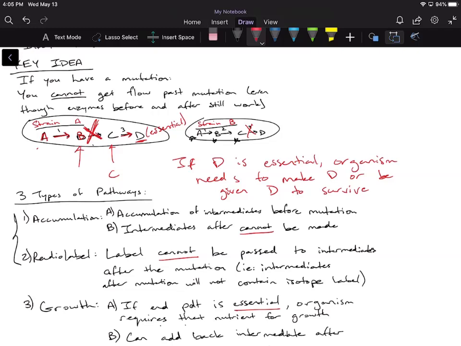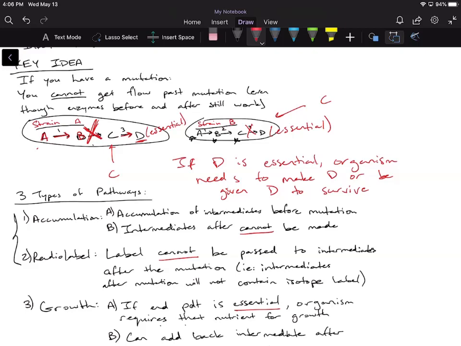Now let's compare strain A and strain B, and let's add back C. For a growth pathway, let's say again that D is essential in both of these, and now let's add back C to both. This is where the key difference comes in, because every strain has a different mutation.